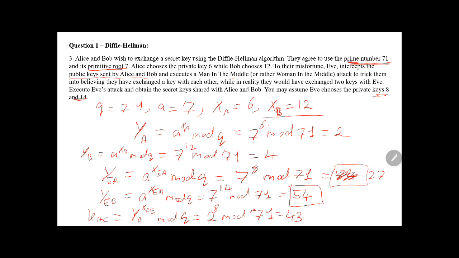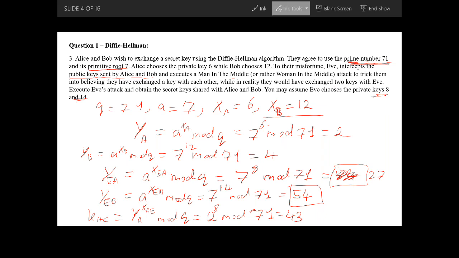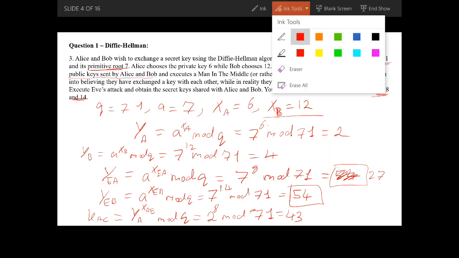And in order to do the same for Bob, let me clean something here. Okay, I will erase.